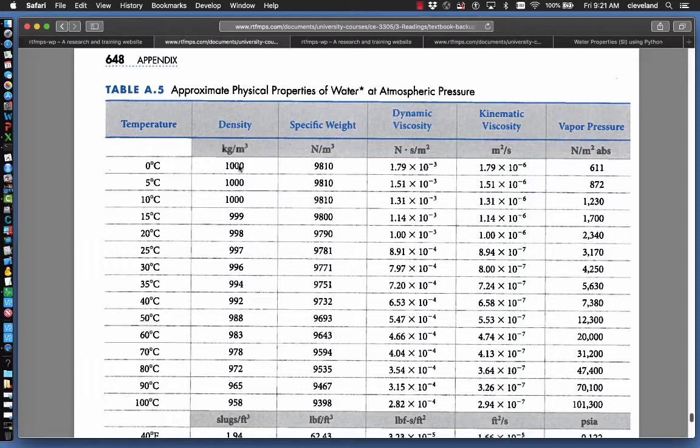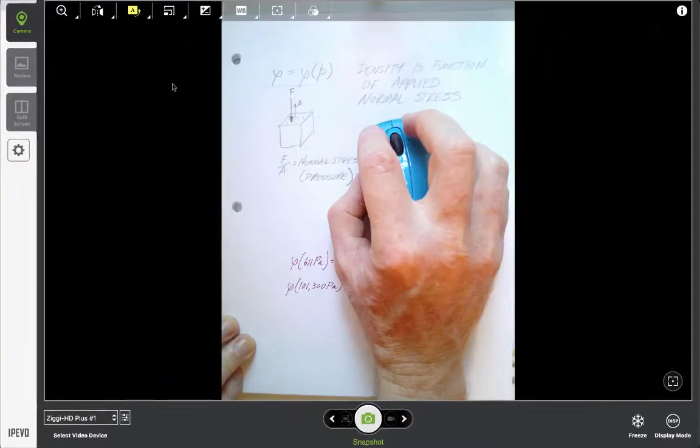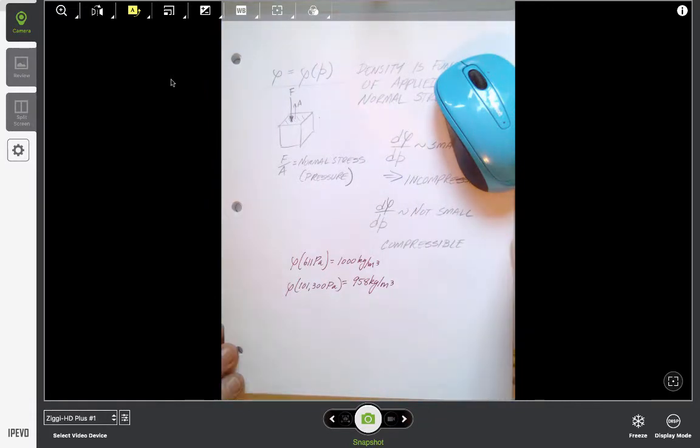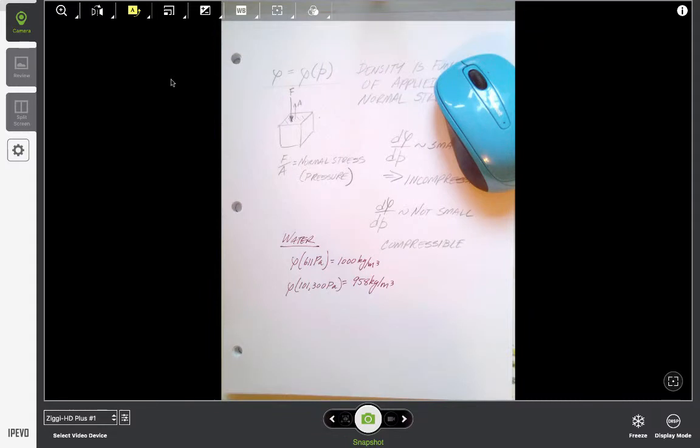Rho at 101,300 pascals is 958 kilograms per meter cubed. Okay, so here is some information for water, and that's inferred from its vapor pressure.